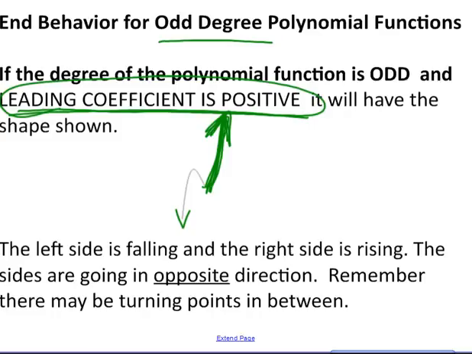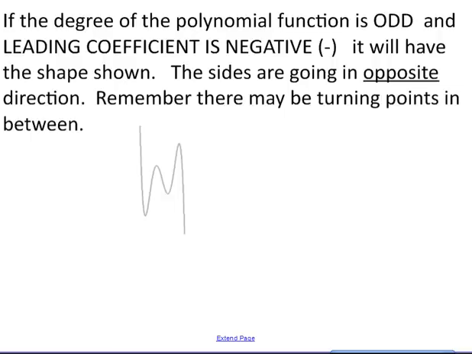If the right side goes up, then the left side must go down. On the other hand, if you have a negative leading coefficient, the right side is going to go down. For an odd degree, the arms are going to go in opposite directions, so the left side will go up.